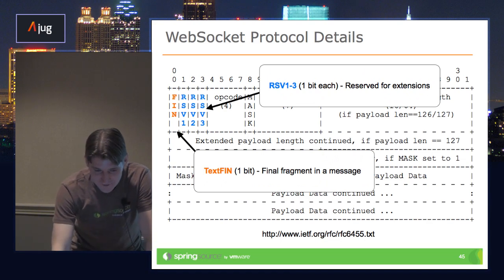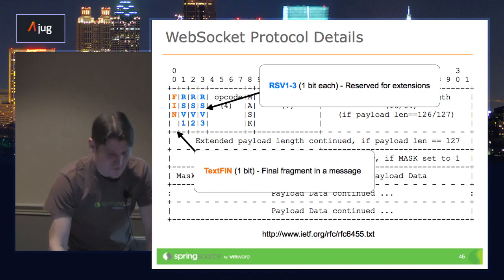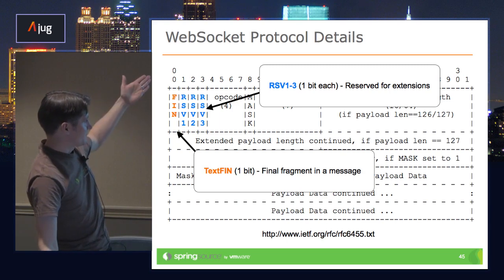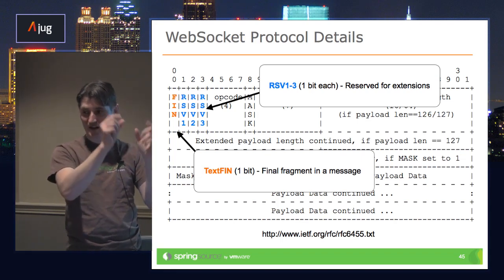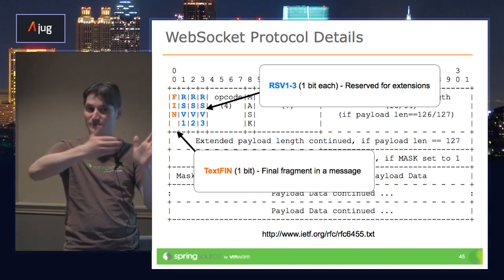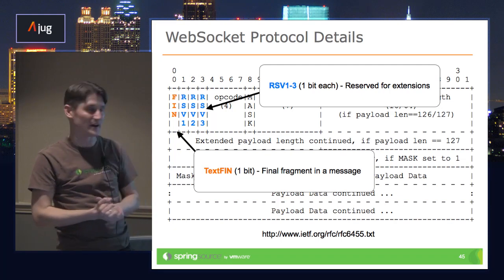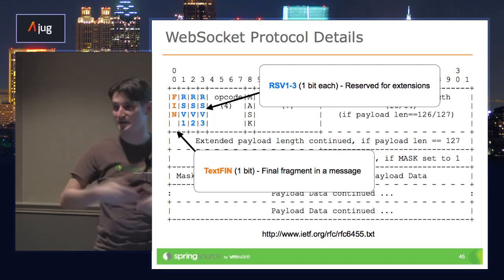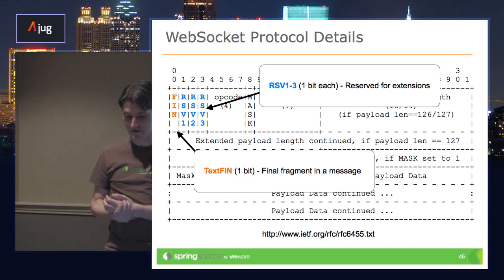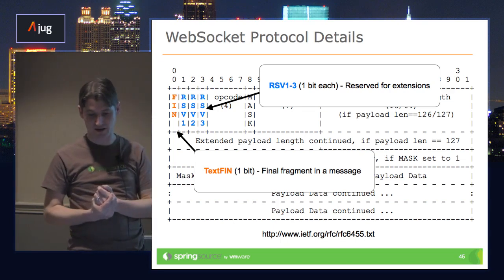Basically, the first bit indicates, when we send messages, that you can send just fragments of a message. You can split up messages into various fragments that are sent over the wire, and this bit indicates whether this is the final fragment that belongs to that particular message.